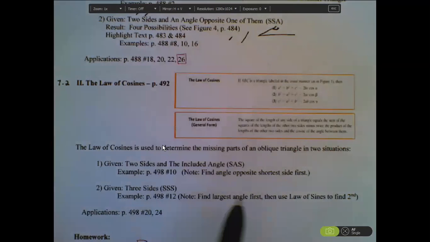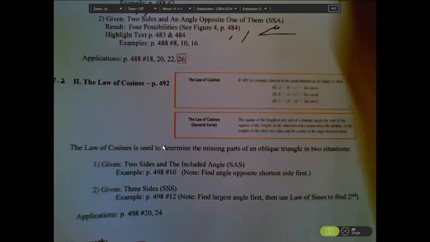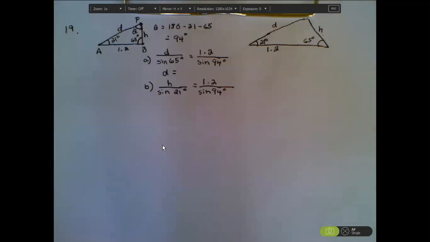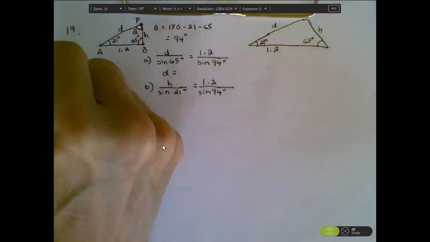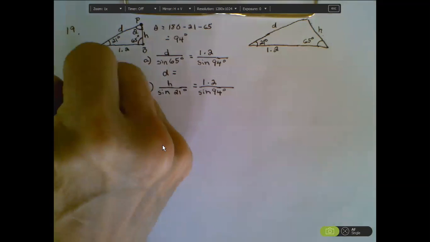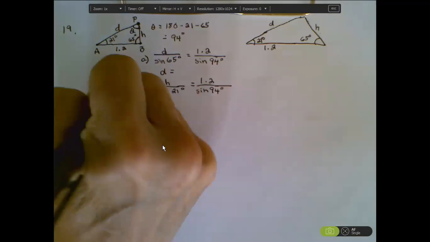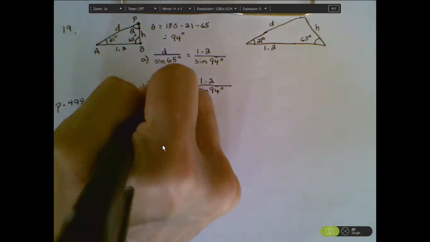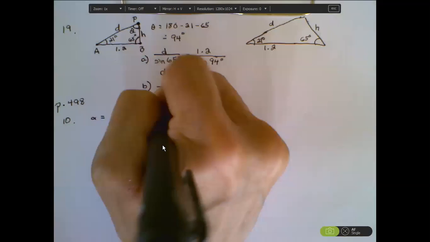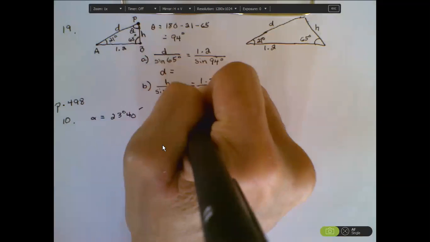So let's look at number 10, see what we're given. Number 10 says alpha is 23 degrees 40 minutes, and C is 4.3, and we don't know the units.